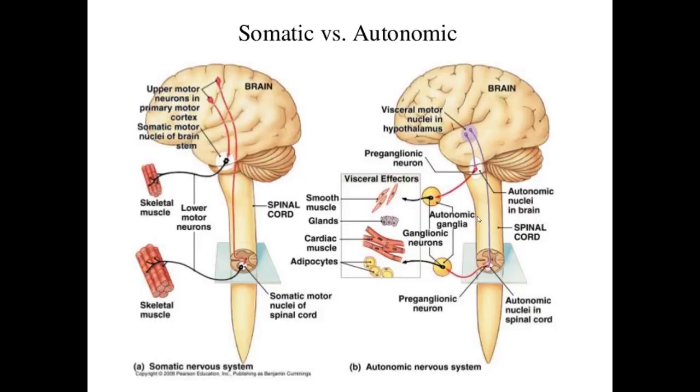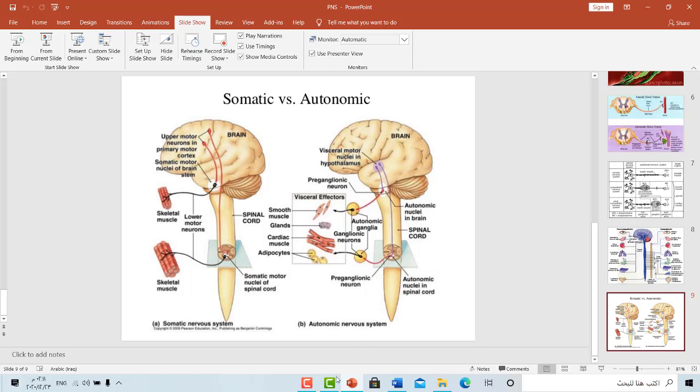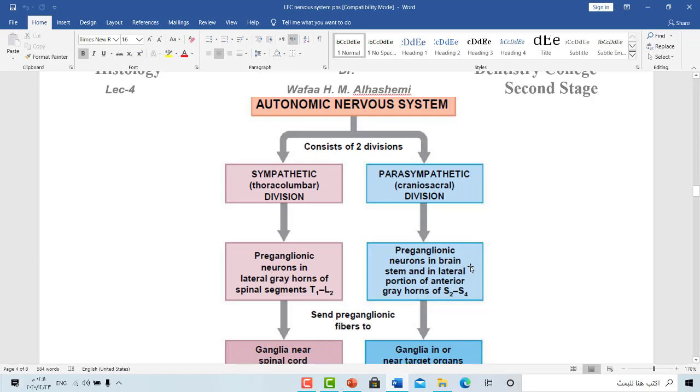This is about the sympathetic and parasympathetic nervous systems. In the autonomic nervous system, the sympathetic is thoracolumbar, but the parasympathetic is craniosacral, only from the cranial and sacral regions. The ganglia of the parasympathetic are near the viscera, while the sympathetic ganglia are parallel to the vertebral column.